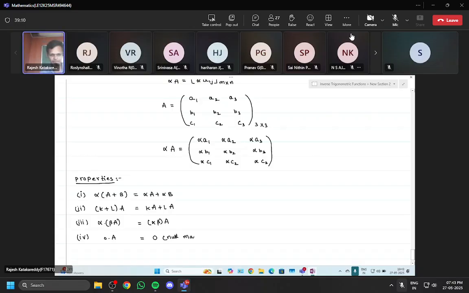If you are multiplying 0 to each and every element, that will be a null matrix. Clear? Anything I missed here?